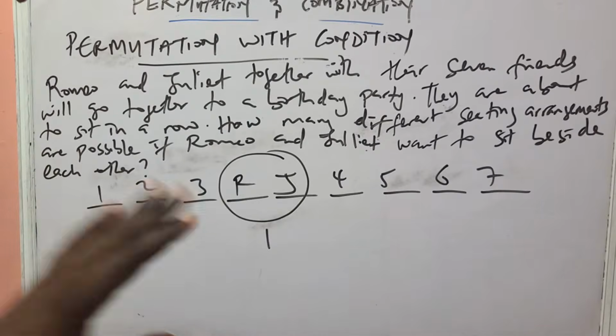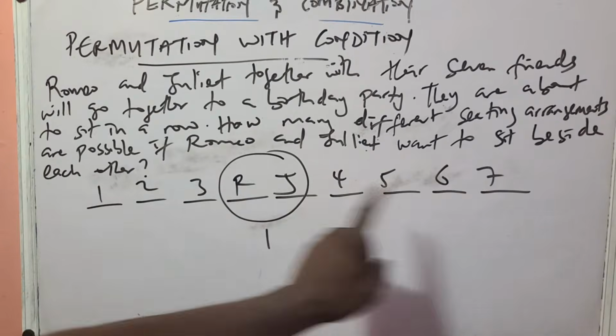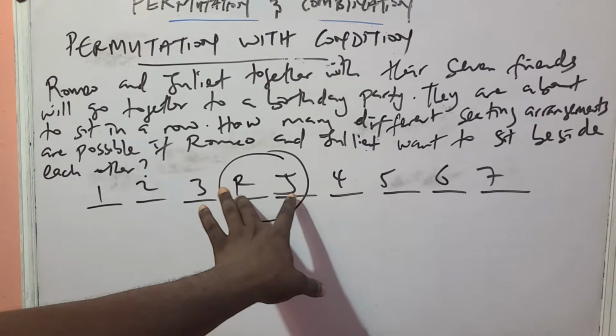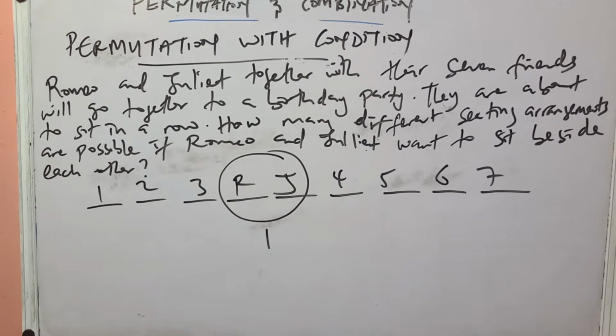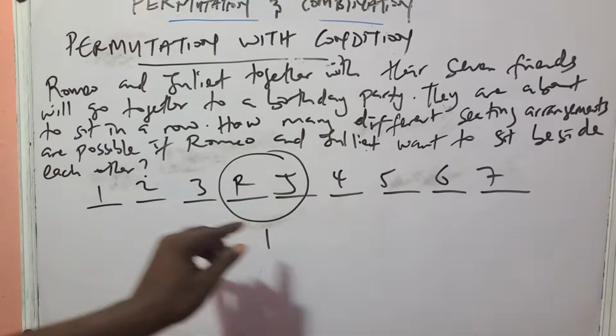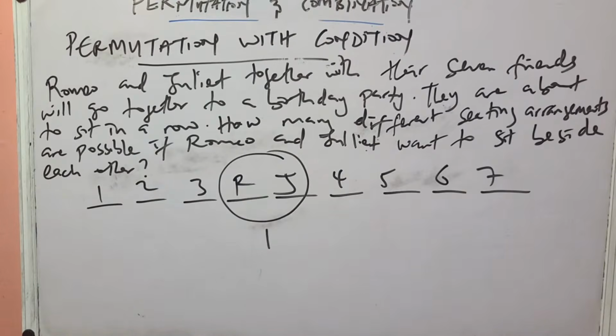So now, normally you were going to say there were 9 objects before, because you will say 7 people with 2 Romeo and Juliet being 2. You would have said 9 objects normally if this condition did not come out. All right, but because of this condition, you have to look at it as 8 objects. It has to be seen as 8 objects.